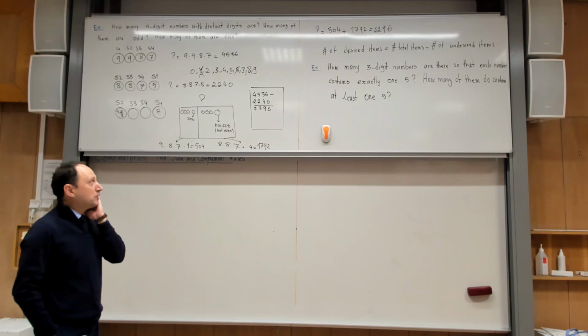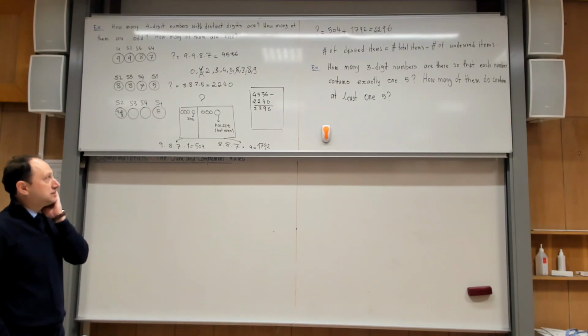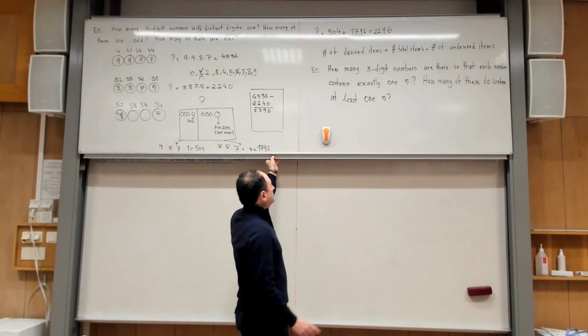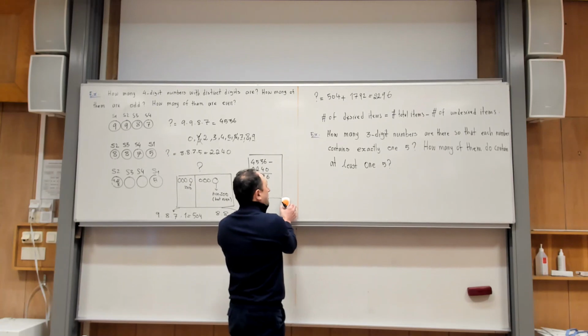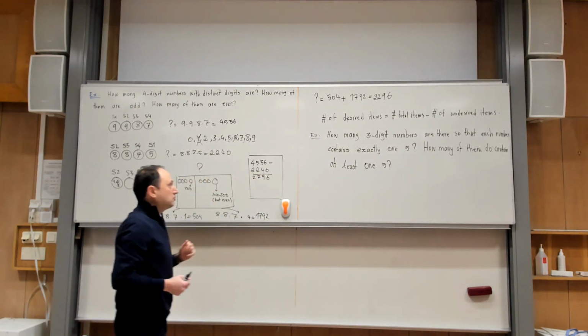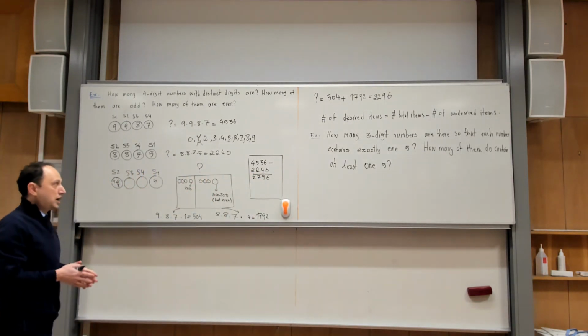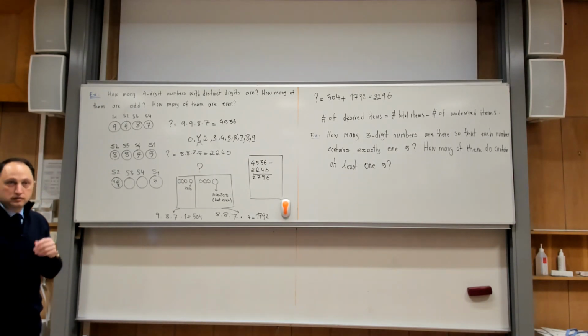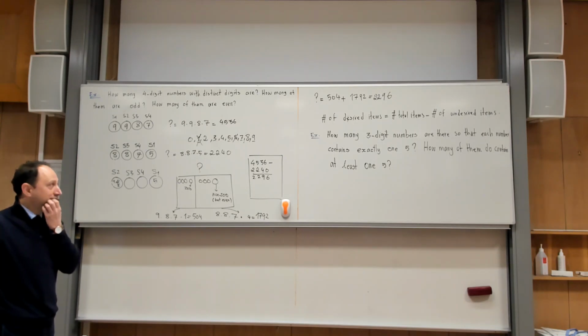Okay. So if I want to calculate the number of three-digit numbers, what is your strategy? For the first part, my task is to write a three-digit number so that my number contains exactly one 5, yes? So, how do you see the problem?